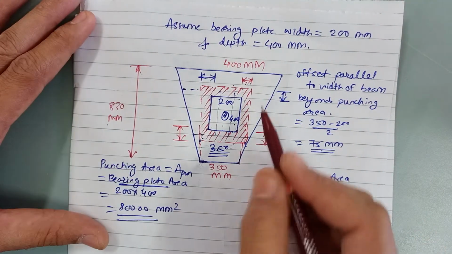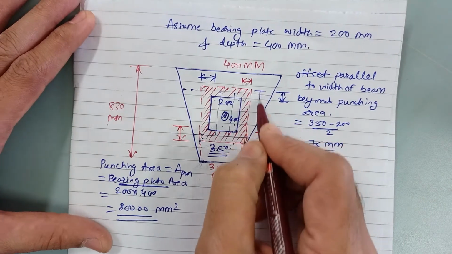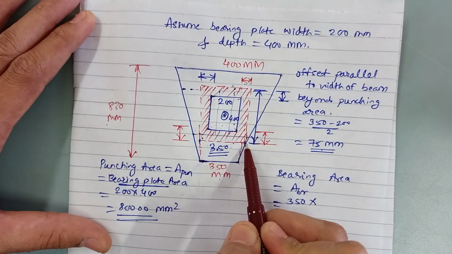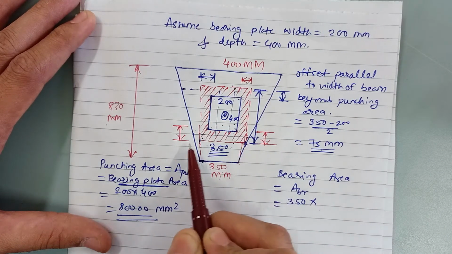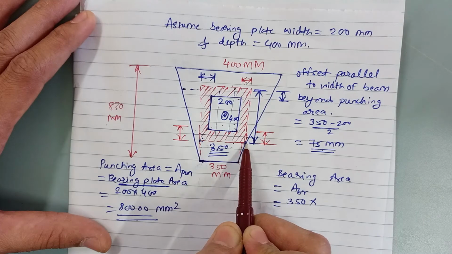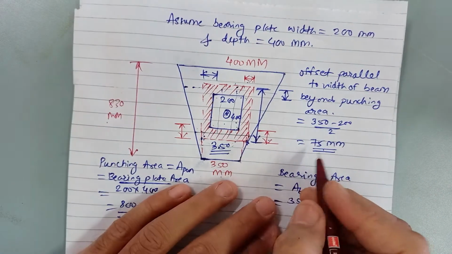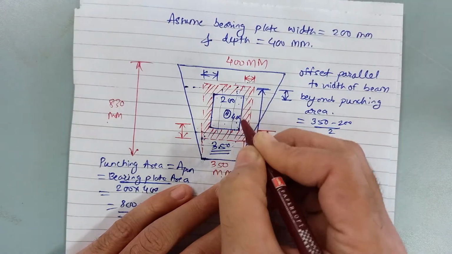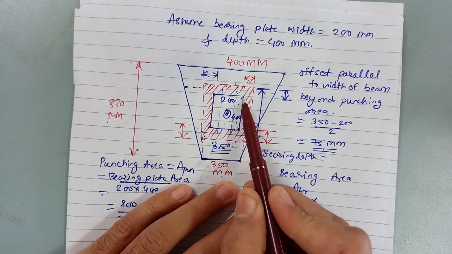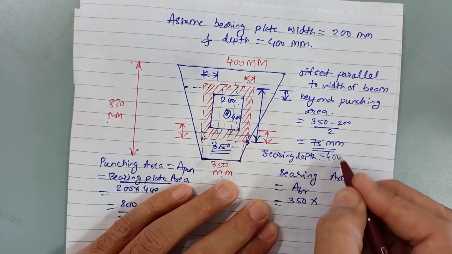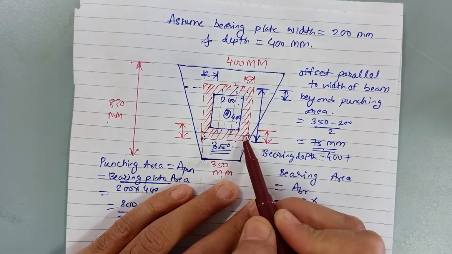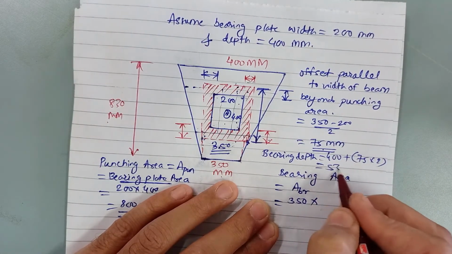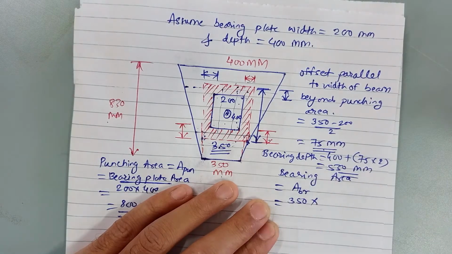Now we are supposed to determine the effective bearing depth. This total red part is nothing but the effective bearing depth, and this total red width is the effective bearing width. The bearing depth will be the depth of the punching area 400 plus 75 plus 75, that is 75 into 2, and it will be 550 mm.